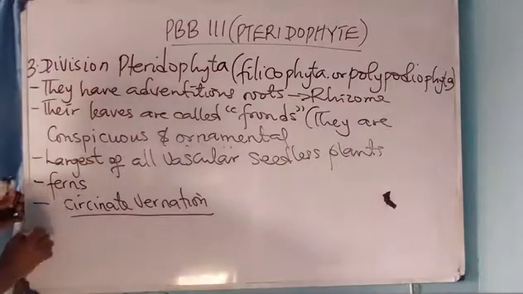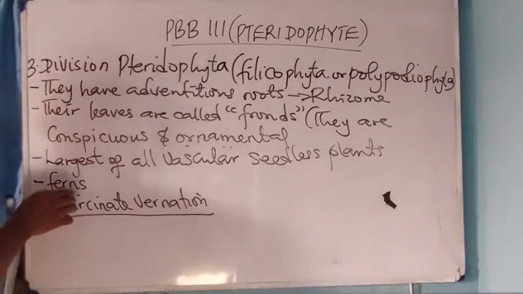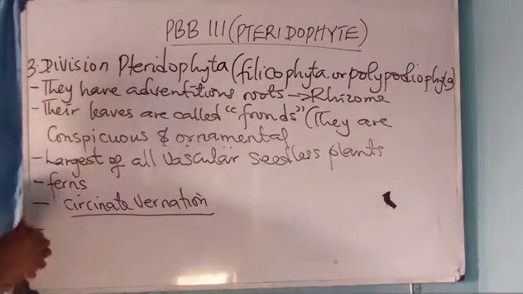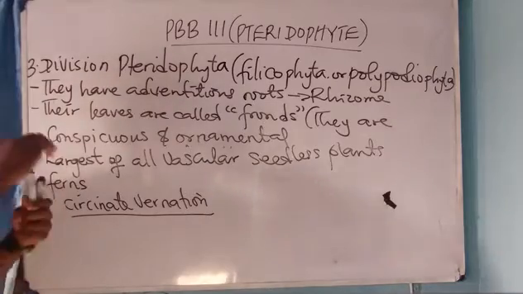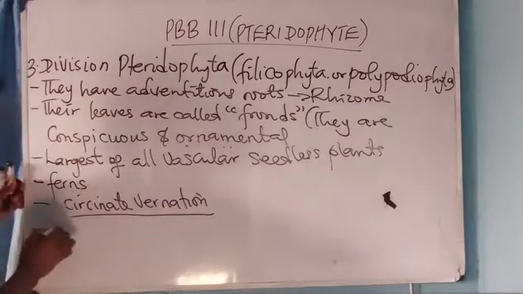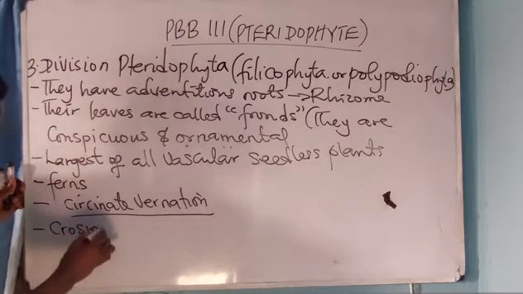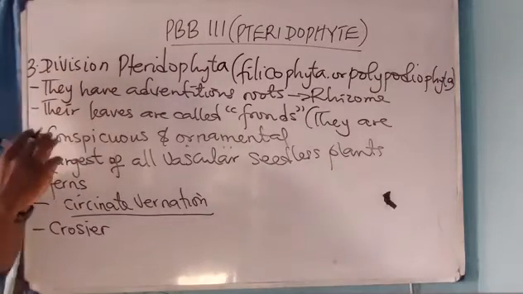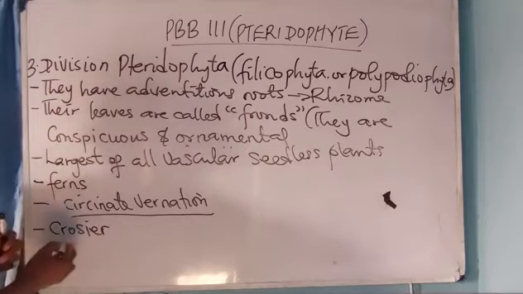Now, in pteridophytes, these are the ferns, right? In pteridophytes, the upper leaves roll up to form a crosier. The upper leaves will coil up, they will roll up to form what? A crosier.